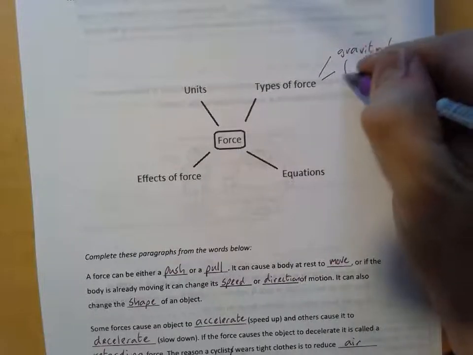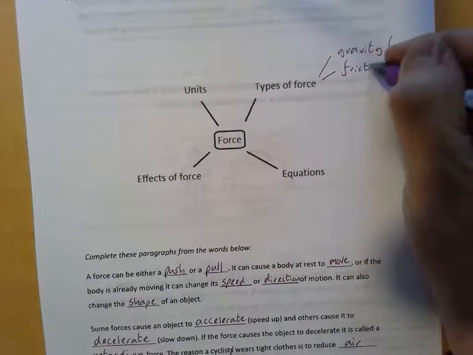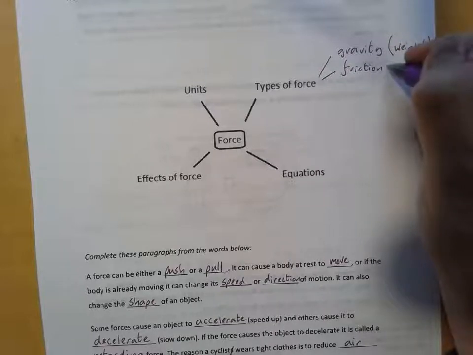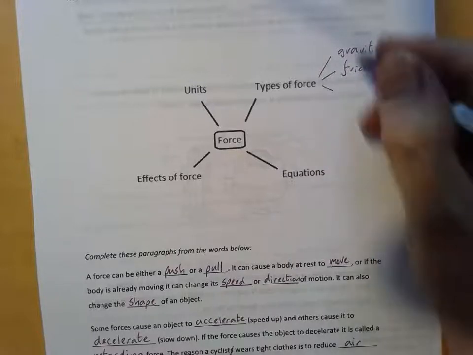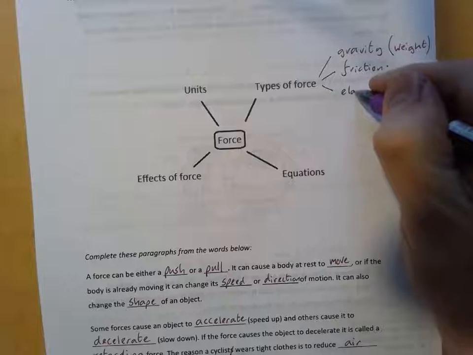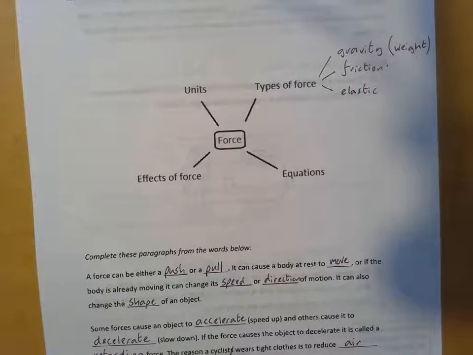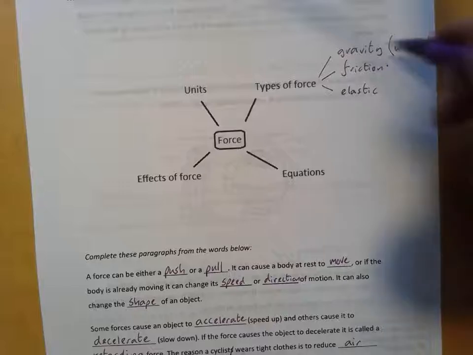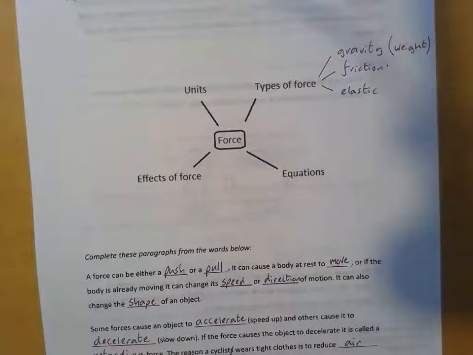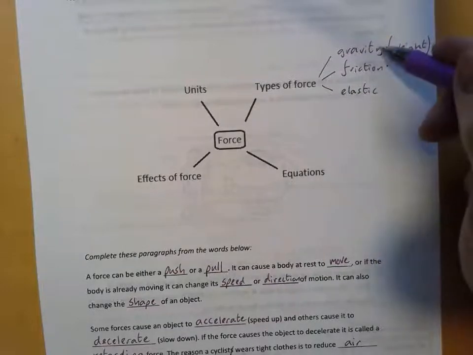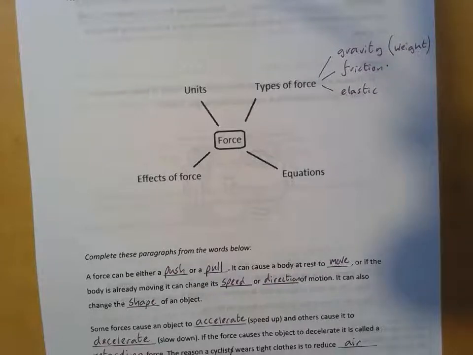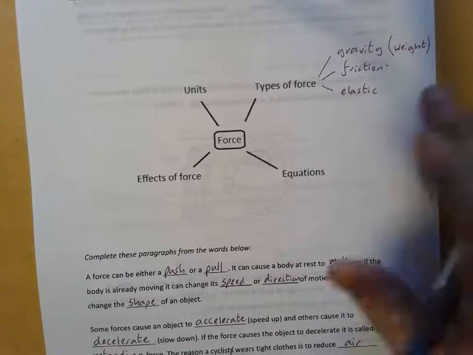We've mentioned the force of friction. We've mentioned elastic forces, the force of a stretched rubber band or piece of elastic. And what else did we mention? Gravity, friction, elastic force. Can't remember. Might have been another one.